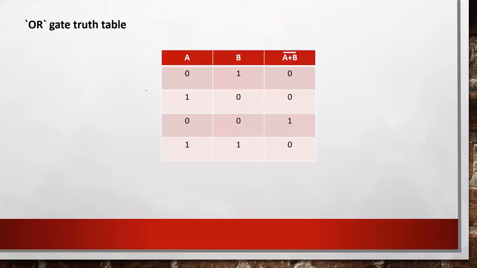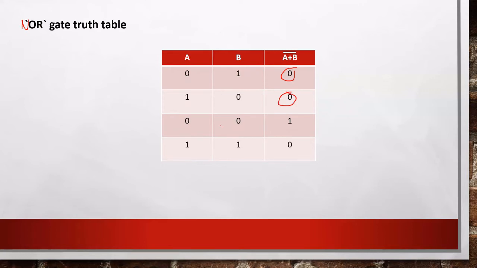Let's see how the truth table looks. If you pass 0 as A and 1 as B, 0 plus 1 is the typical OR gate. Here it should be a NOR gate. So 0 plus 1 is 1, but here we are getting the inversion, so you will get 0. If you pass 1 and 0, 1 plus 0 is 1, and you will get the inversion 0.